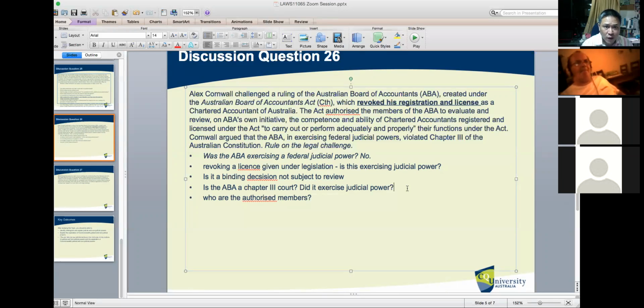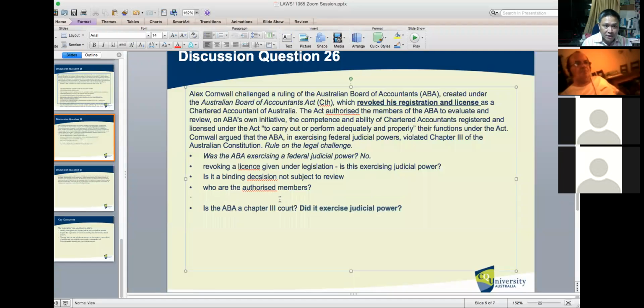So that's one. The other corollary question is, as somebody said, and I don't know who said it, is the ABA a Chapter 3 court? So it would appear that these are two of the key legal issues.